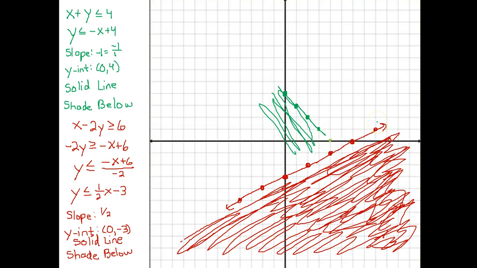There we go. Okay, if I extend it, I can see exactly where everything collides. And that's what you want to do in a system. You want to see where they overlap each other, where they crisscross.